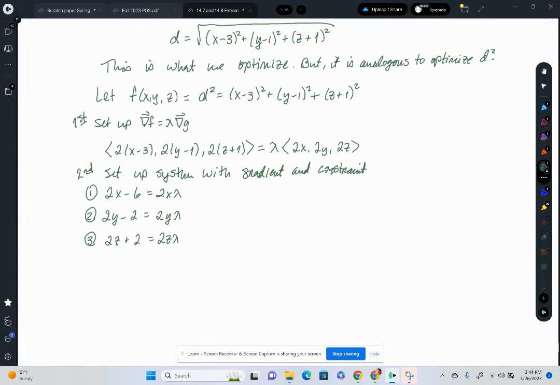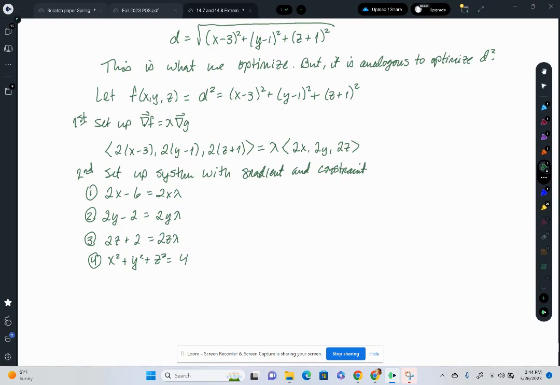Sorry, I forgot one equation, my constraint: x squared plus y squared plus z squared equals 4. This is a weird one, and that's one of the reasons I chose it. I cannot move everything over to one side and solve to get a few cases in any of these, and I can't really substitute any of these into each other either.